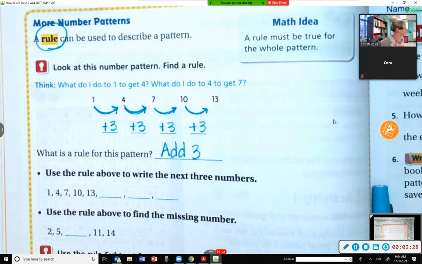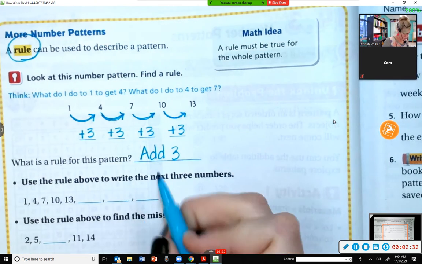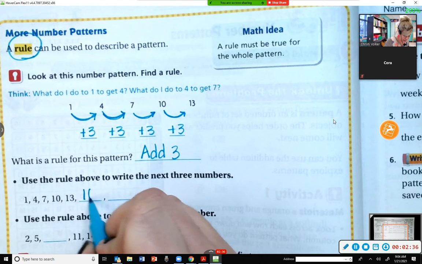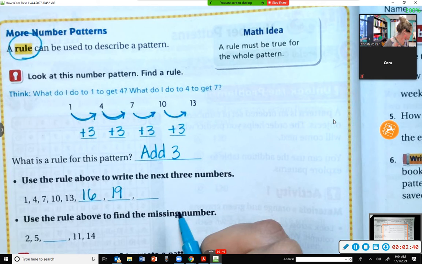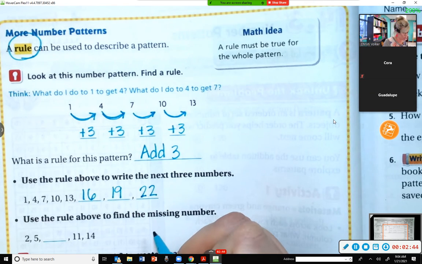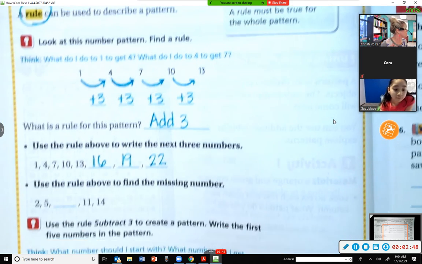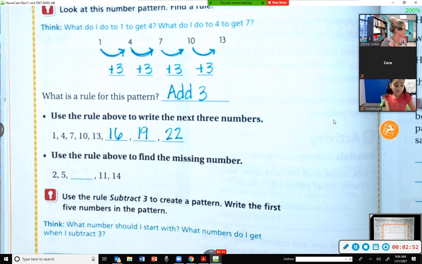Yes. All right, what comes next, Kelsey? 13 and then 16. Good. Javea, what'd you get for the next one? 19. And the last one, Evangeline? 22. All right, good. So you're using the rule to find missing numbers in a pattern.